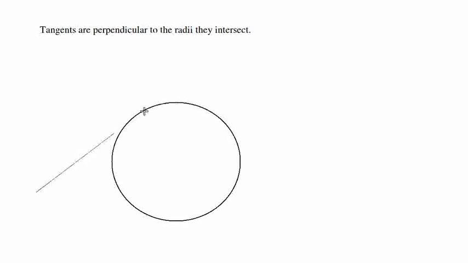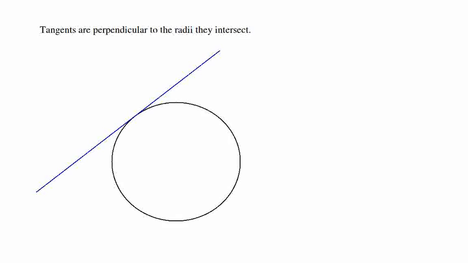This is one of those important results that a lot of people forget, but if you remember, it might help you get some extra SAT points. All right? So here's a picture of a circle. Here's a tangent.